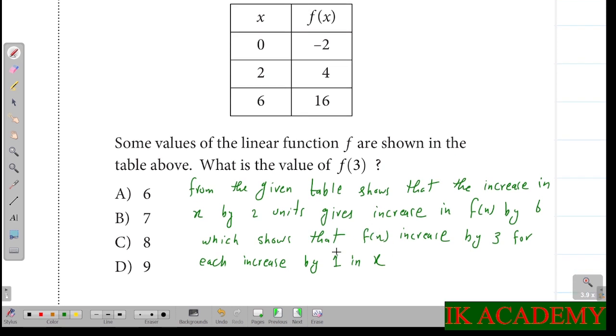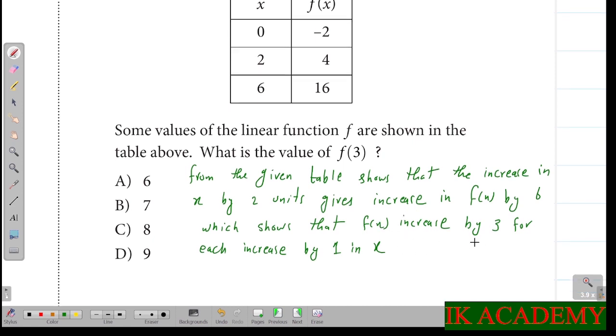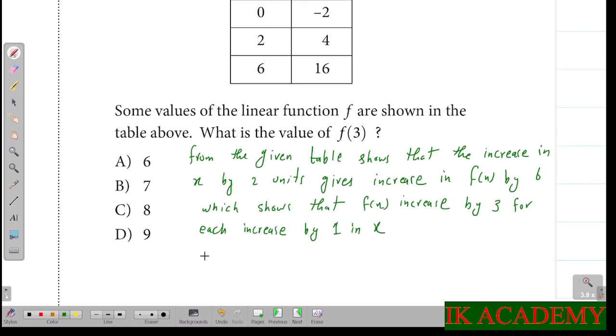So if x increases 1 unit, f of x will increase 3 units. It also shows the slope of the function.